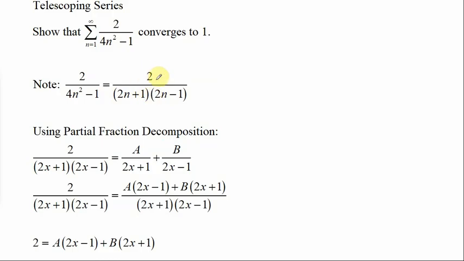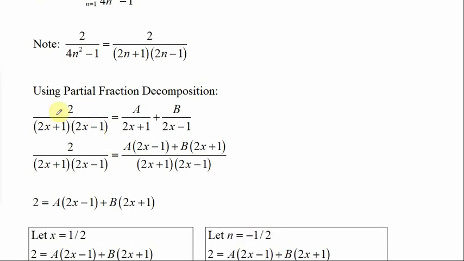And the equivalent expression is 2 over 2x plus 1 times 2x minus 1. And what we want to do is decompose this expression right here. So this can be rewritten as some constant a divided by 2x plus 1 plus some constant b divided by 2x minus 1.